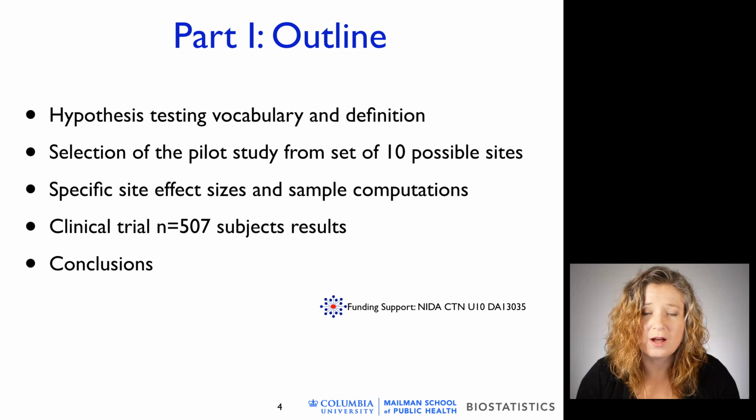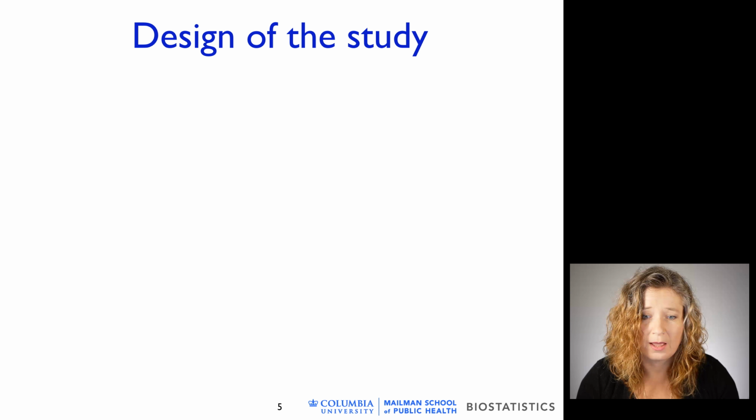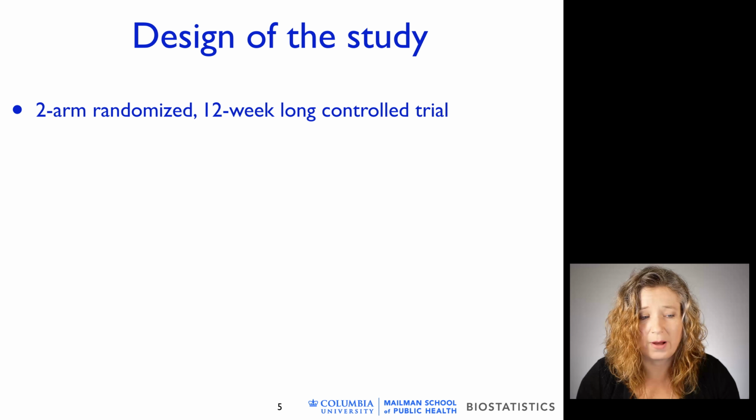So before we start, we need to discuss a little bit what is hypothesis testing and mention some definitions. Then we will play with our trial, and we will actually select one site as a pilot study and see what effect size we would arrive at and what kind of sample computation it would suggest for a future potential R01 study.